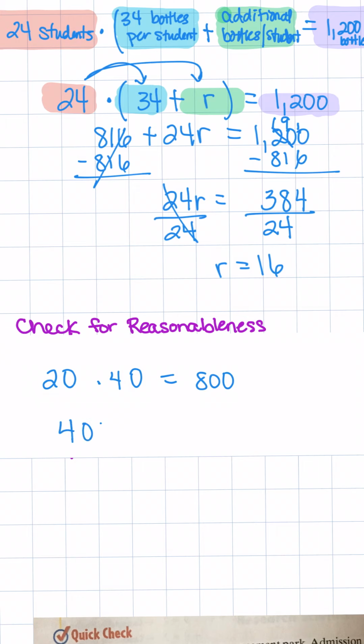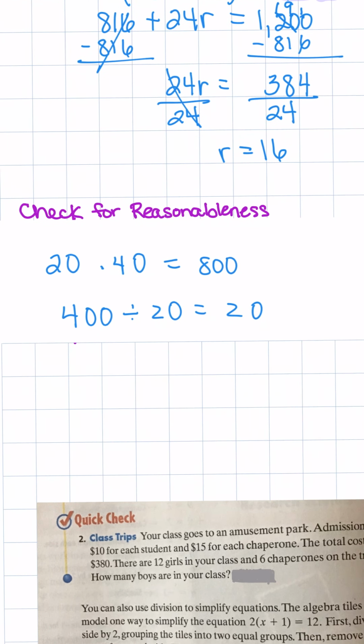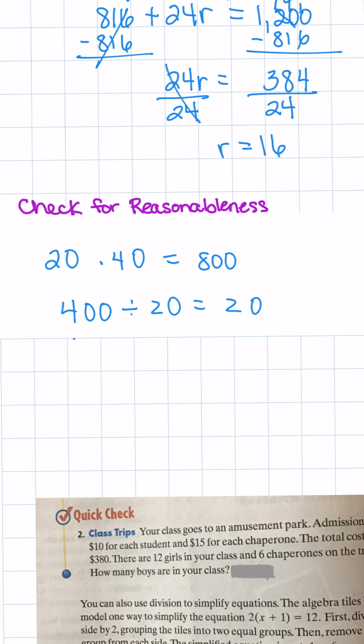So 400 more, and since we rounded to 20, they each need to collect about 20 more. Is 16 close to 20? Yeah, if we were rounding to the nearest 10, 16 would equal 20. Therefore, yes, it is reasonable.